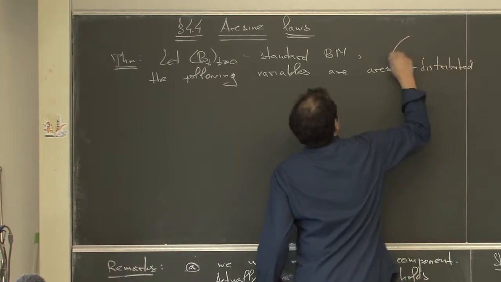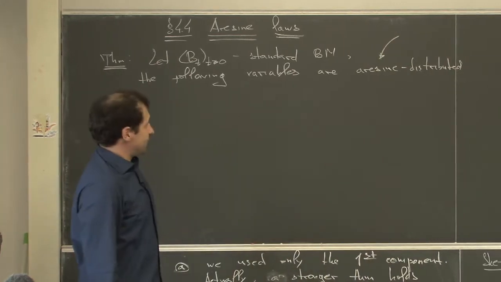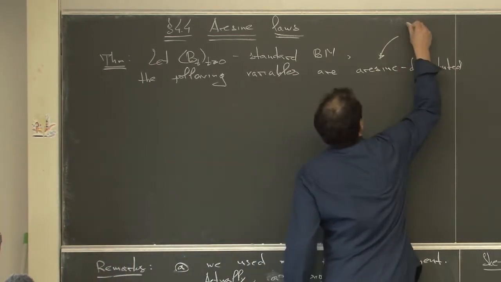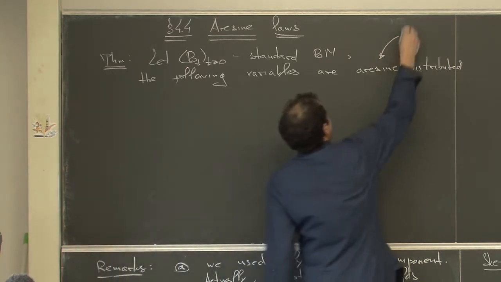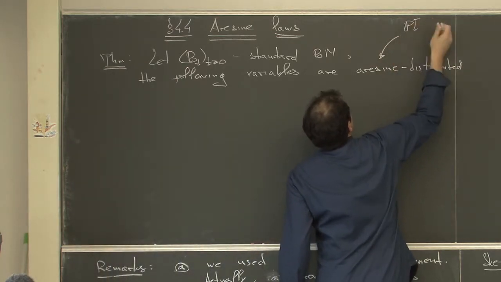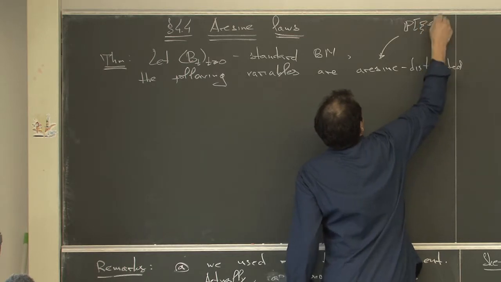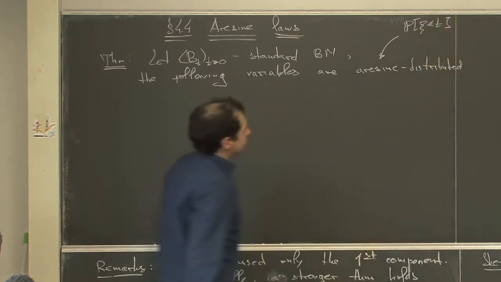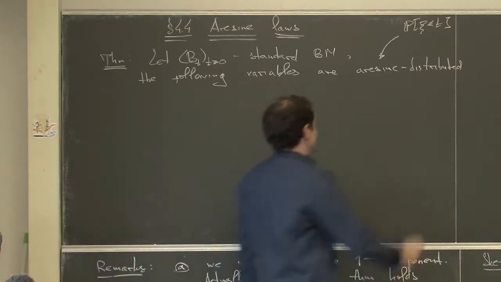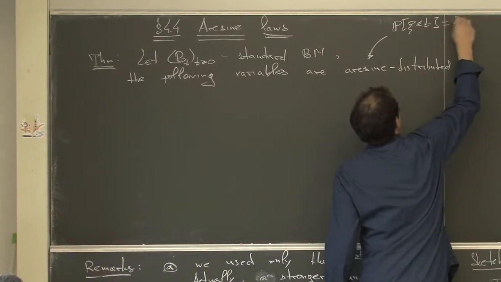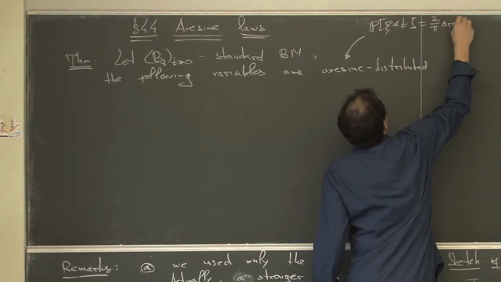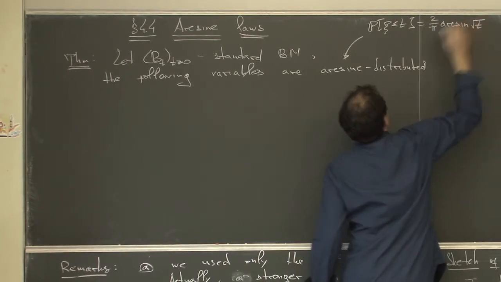So what is the arcsine distribution? Basically, it's on 0, 1, and the probability that this random variable is less than t, this is an absolutely continuous distribution, is 2 over pi arcsine square root of t.